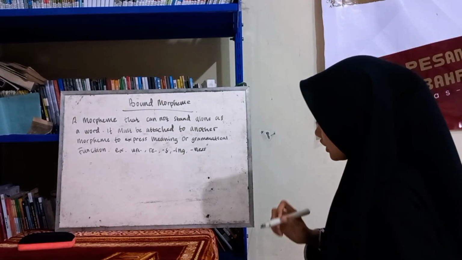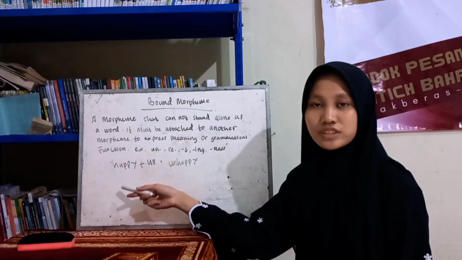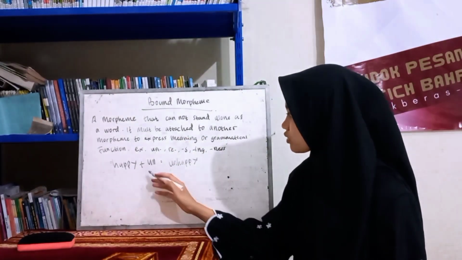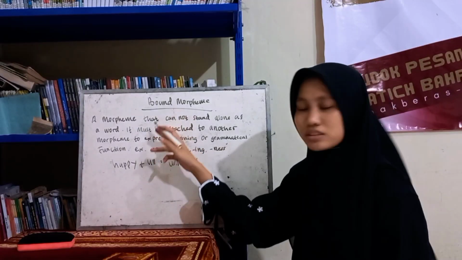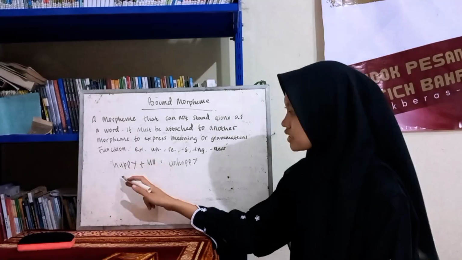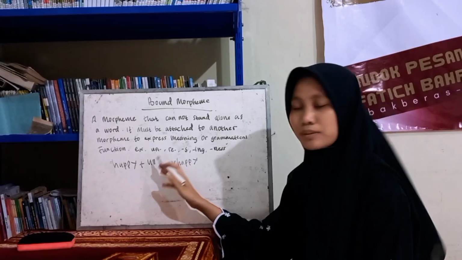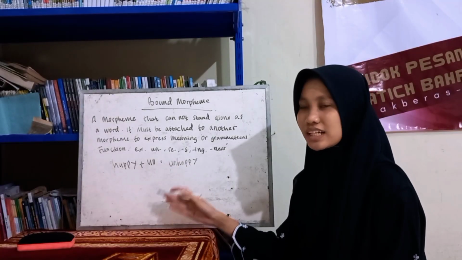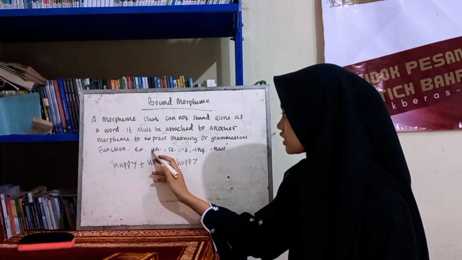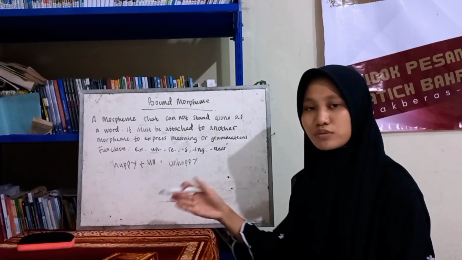For example, the word happy. Happy here is a free morpheme and a lexical morpheme. And the word un is a morpheme. The word happy can stand alone, but un cannot stand alone, and here the meaning is not, or negative. If happy is added with un, which is a prefix, a prefix is placed in front of the word.